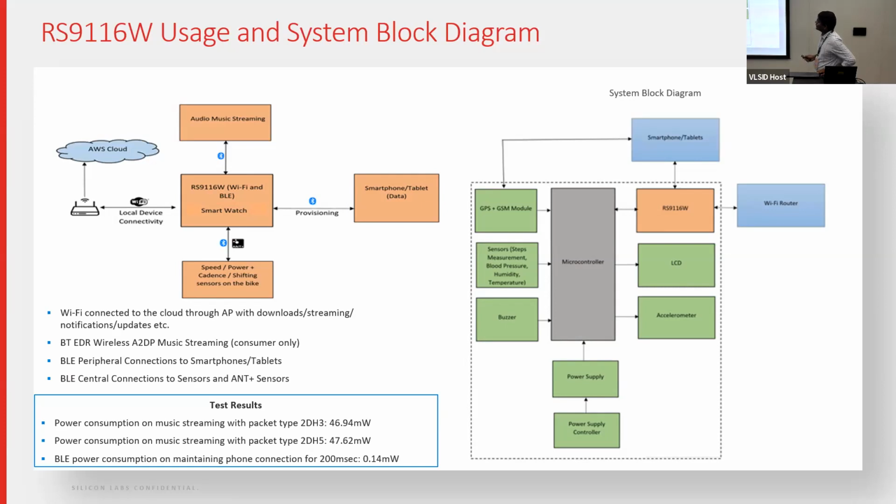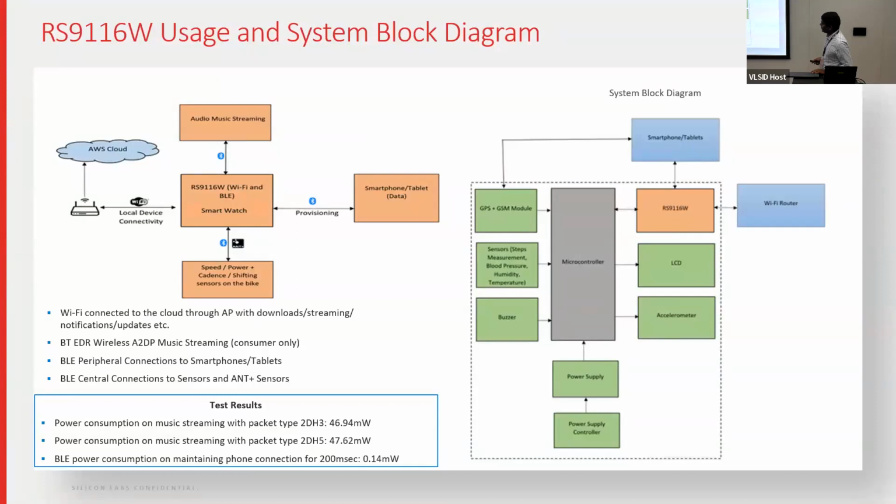Once the mobile provisions the device, it will download streaming and some notifications, and also A2DP music streaming, and peripheral and central roles are used for making these provisions.